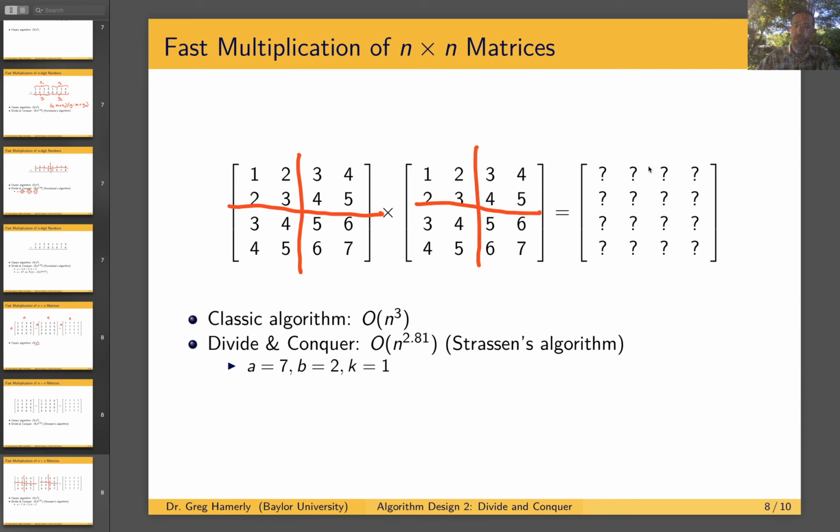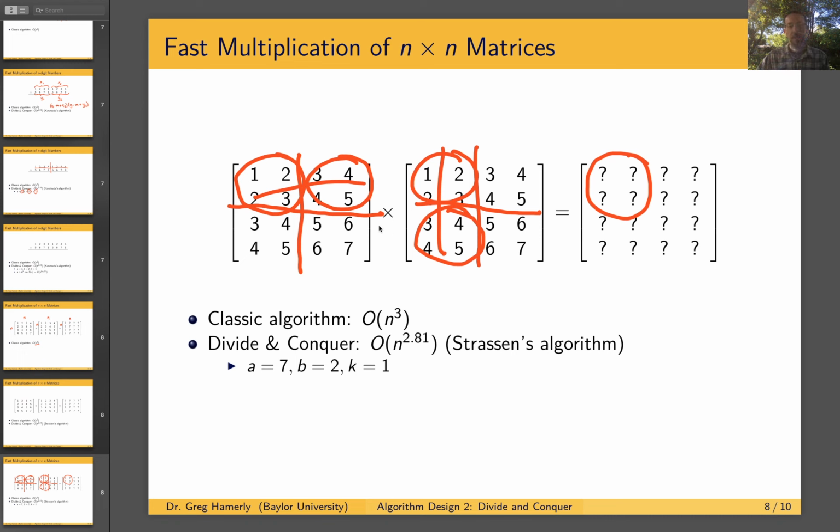And in order to get, say, this quadrant in the answer, we have to multiply this region with this region and this region with this region, right? We have to do essentially this times this to get this. Okay, so that's, if you think about it, that's going to add up to 8 multiplications to get all of these quadrants. And I'm skipping over a lot of details here.